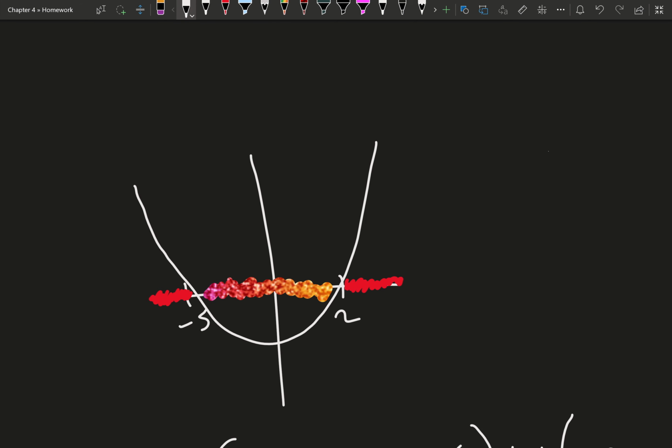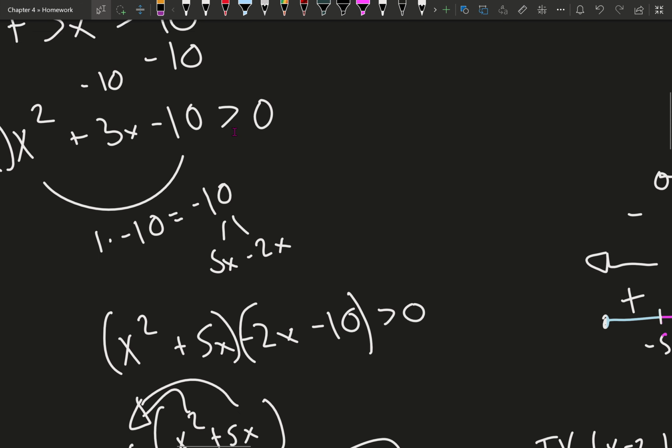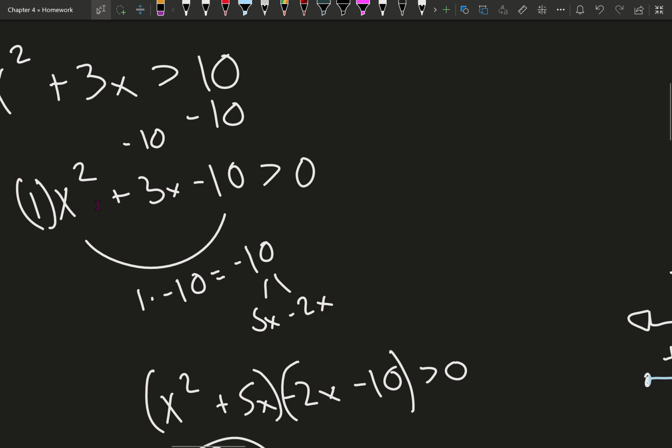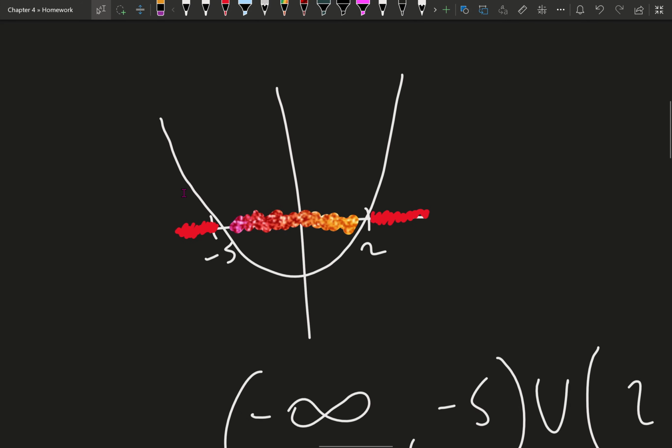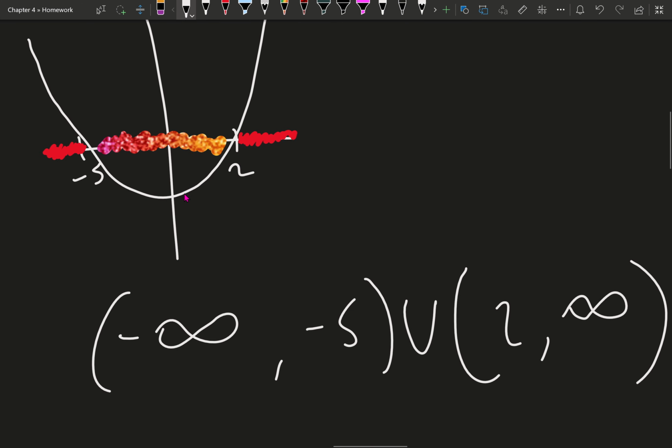And since at the beginning of our problem, this was saying that x squared plus 3x minus 10 is greater than 0, we are looking for the positive values. This is one way you could write it out.